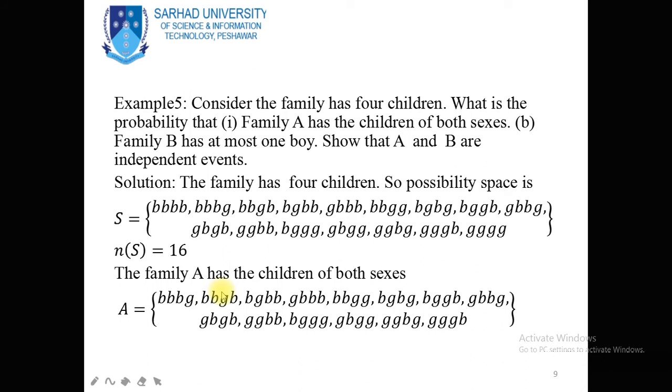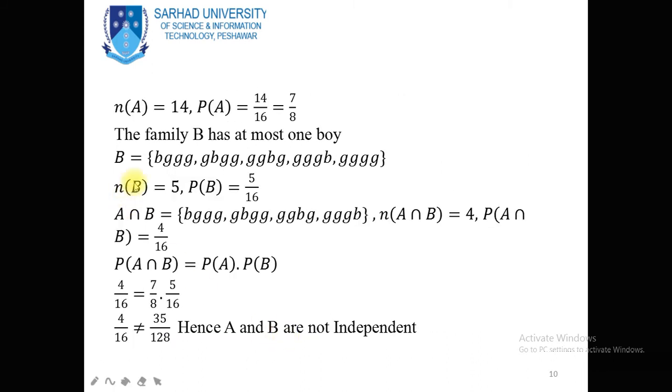And similarly in this outcome, and in this outcome. So these are the possible outcomes for this event A from the sample space when the children are of both sexes. Now the number of outcomes in this event A is equal to 14. So the probability of A is equal to 14 by 16, which is equal to 7 by 8.